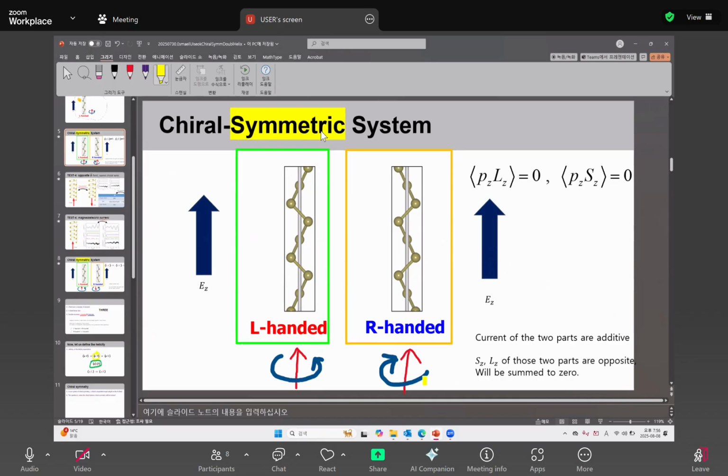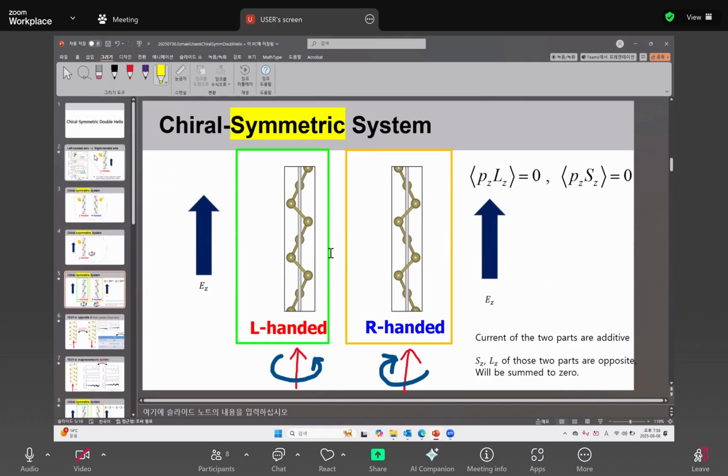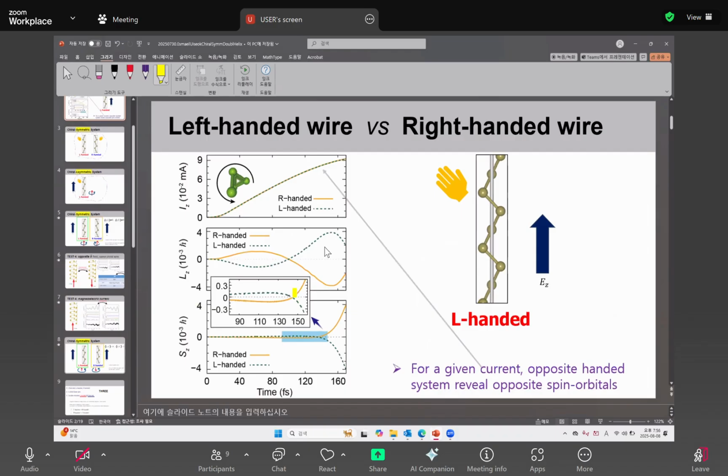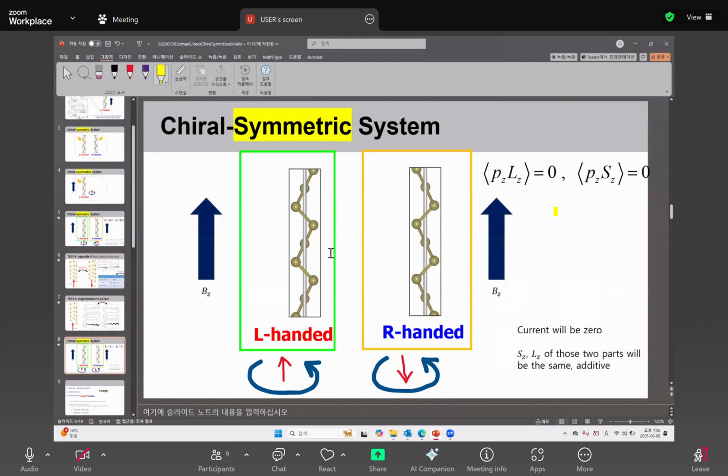The orbital polarization and the angular momentum are different. Here, this angular momentum is a dynamical version. Everything I'm talking about is a dynamical situation, a current flowing situation. I am talking about this time profile.